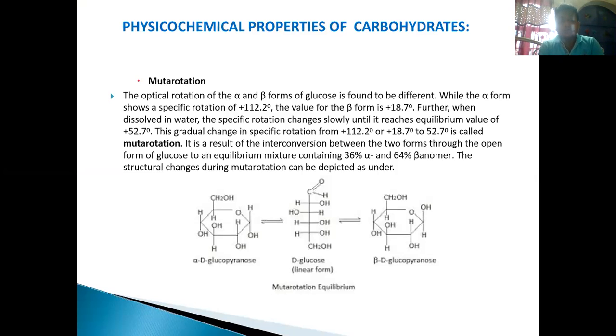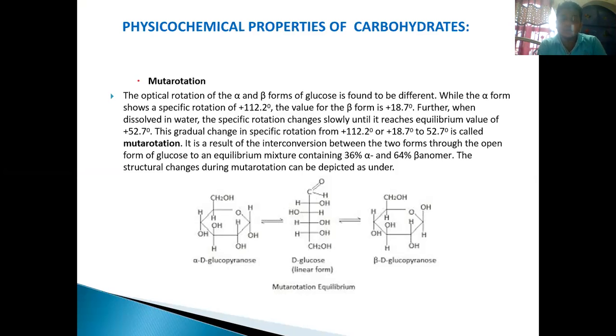Now, mutarotation. The optical rotation of the alpha and beta forms of glucose is found to be different. The alpha form shows a specific rotation of plus 112.2 degrees. So the question arises, what is rotation? When a solution is kept in a polarimeter with plane polarized light, it becomes rotated.